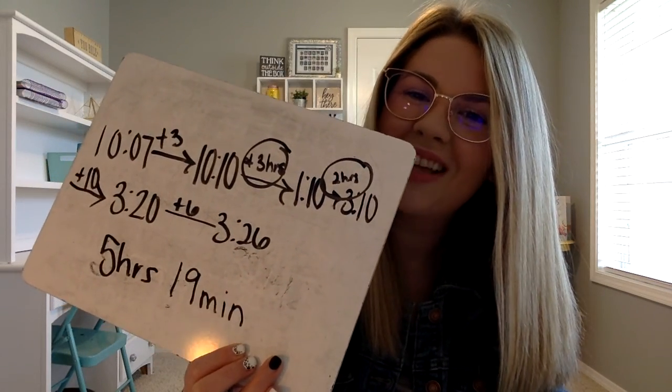See? All right. There's one more thing you could have done, and I'm going to show you that right now. You could have also done a number line. It works very similar to how the arrow strings work. So you're going to write your start time down, which was 10:07.